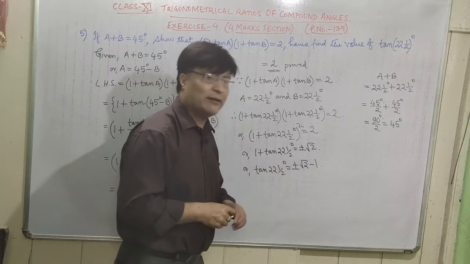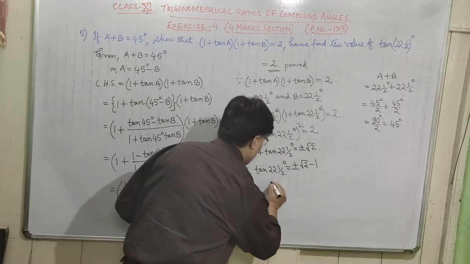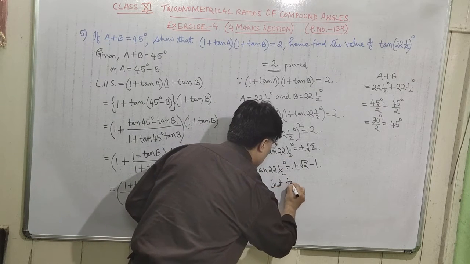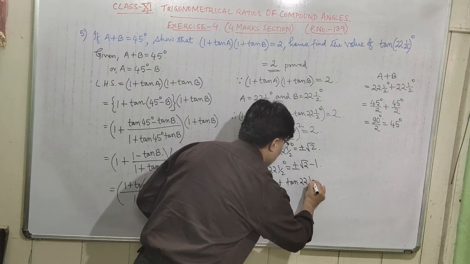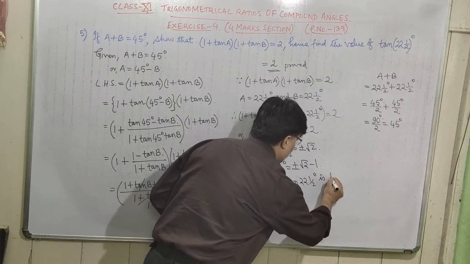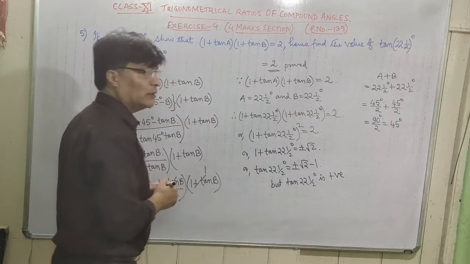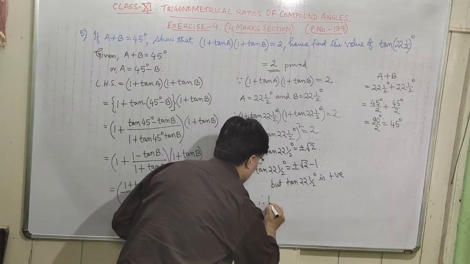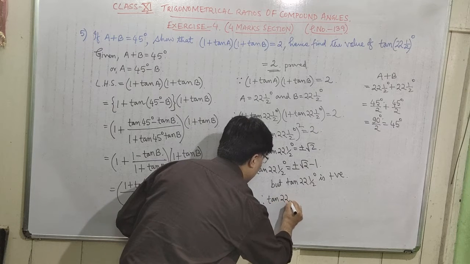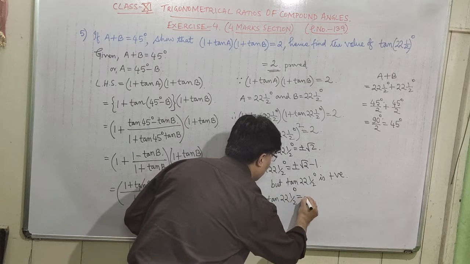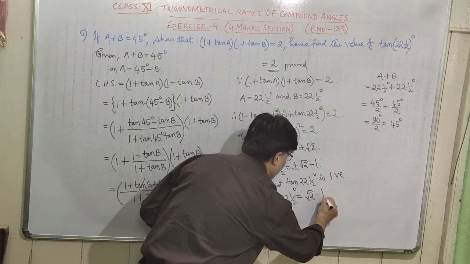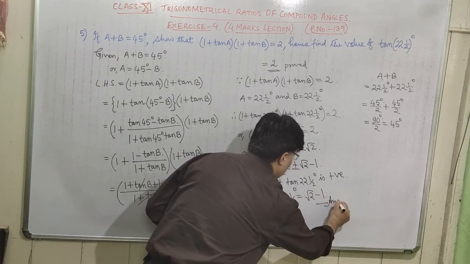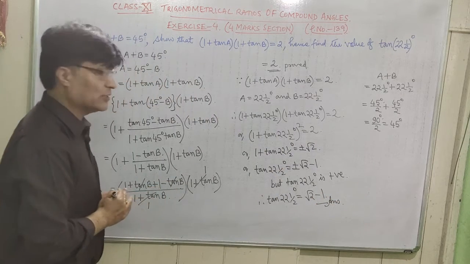So tan 22.5 degree is positive, and here the positive value is the correct answer. So tan 22.5 degree is equal to root 2 minus 1. This is the final answer.